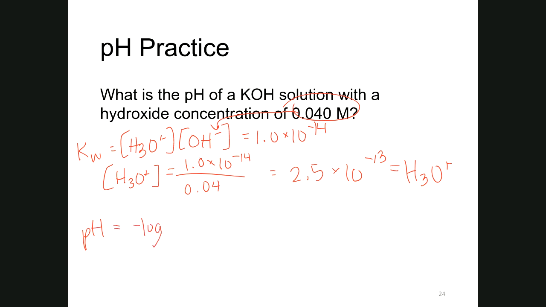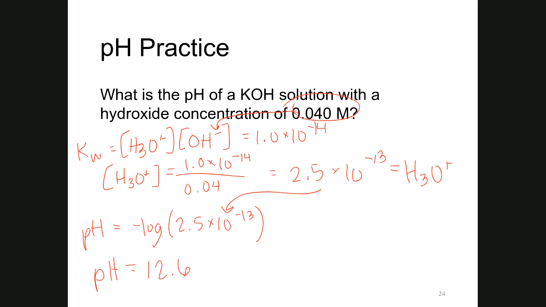So negative log of hydronium, which is 2.5 times 10 to the negative 13. If we do that, the negative log of 2.5 times 10 to the negative 13, you should get, just like we saw before, something very close to 12.6 like we had last time.